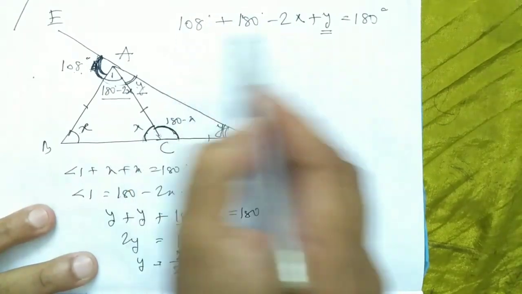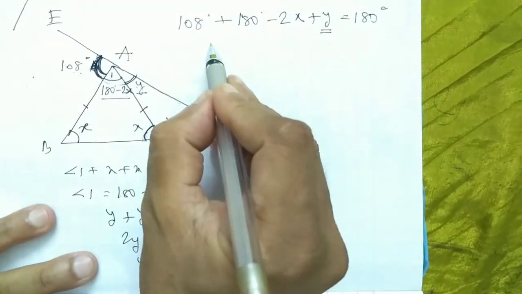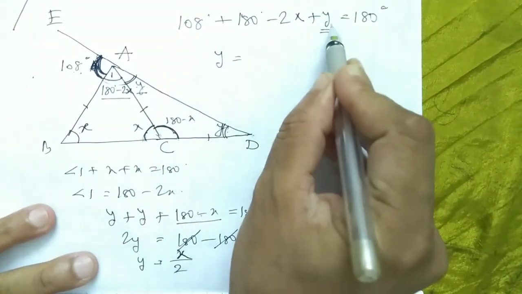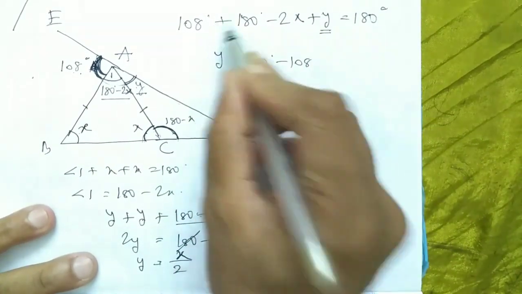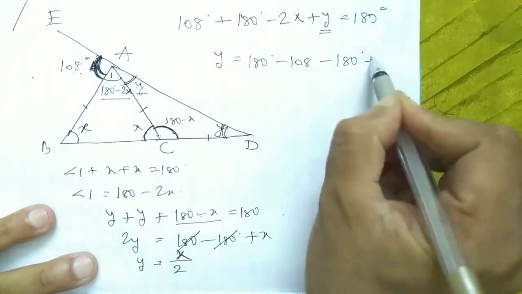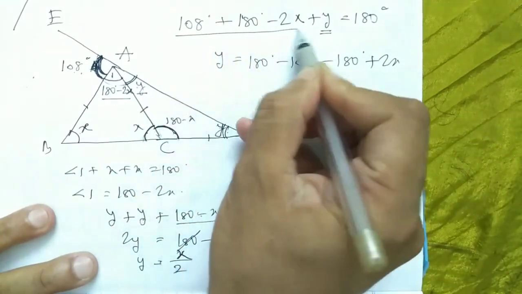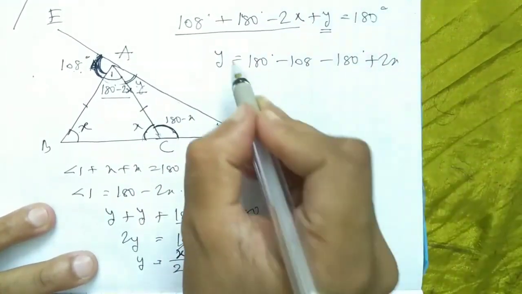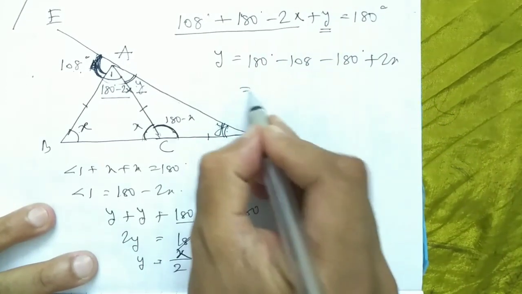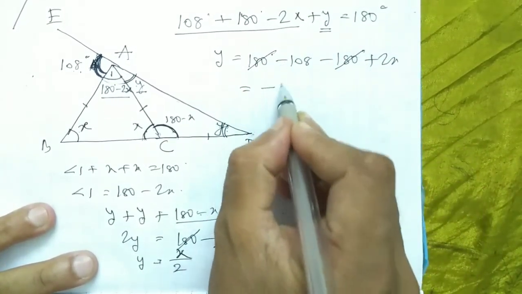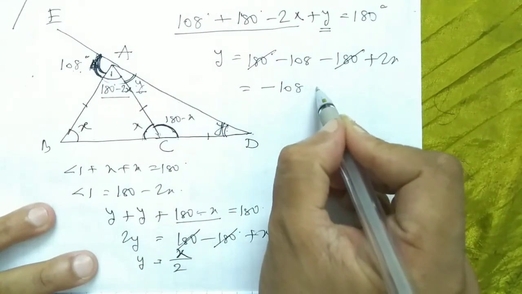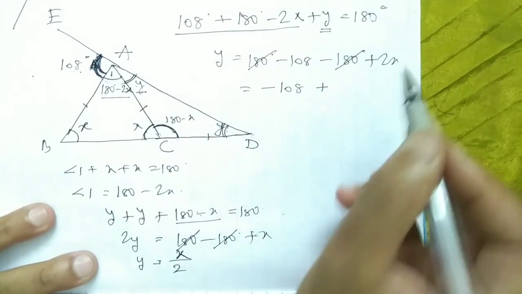So the rest of the things we have to change. Now y equal to 180 minus 108 minus 180 plus 2x. I'm taking all this there, since I'm finding y. Now y equal to 180 cancelled, minus 108 plus 2x.